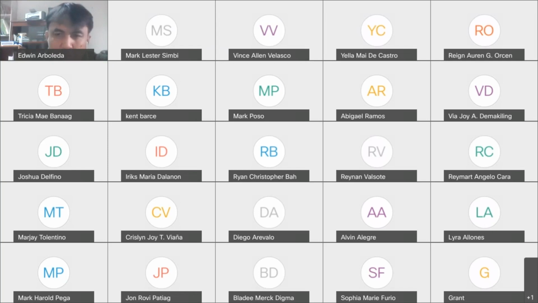Abigail Ramos. Abigail. Present po. Mark Lester Simbi. Okay, just recited earlier. Mark J. Tolentino. Po. Reynan Balsote.